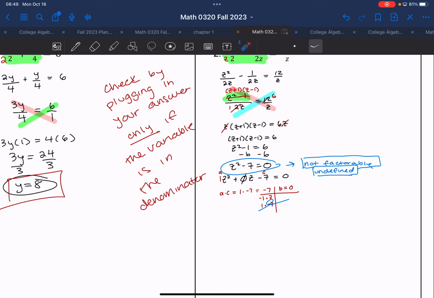So then we would just label it as not factorable, undefined. Since we're looking at, for the most part, whole numbers or solidified fractions, if we aren't using decimals, we would just leave it like that. You could just say not factorable at this step, and that would be a good enough answer for me. I get where that undefined is confusing. So ignore that. Just put not factorable.